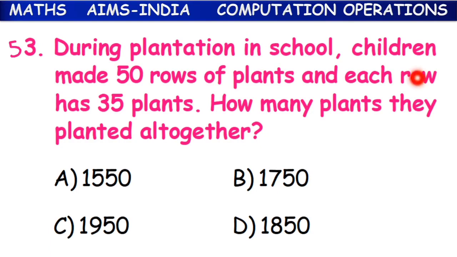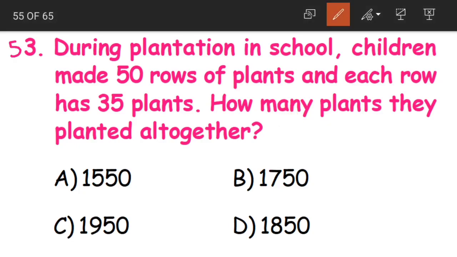Next question, 53. During plantation in school, children made 50 rows of plants and each row has 35 plants. How many plants did they plant together? What to do here? We need to multiply. In each row there are 35 plants and there are how many rows? 50 rows.